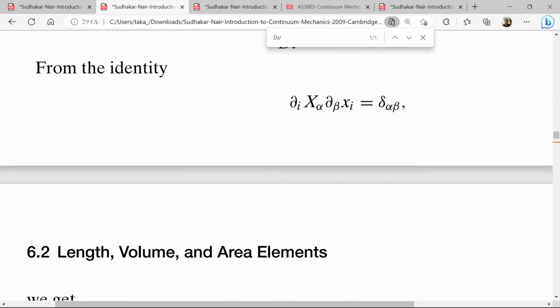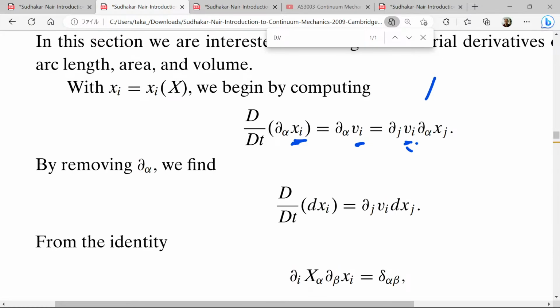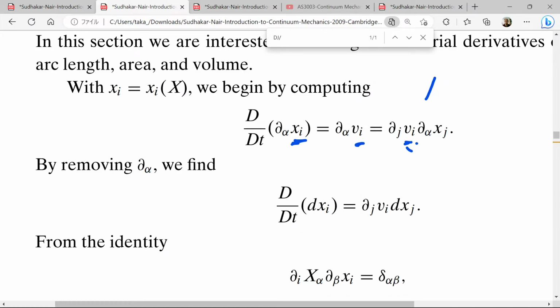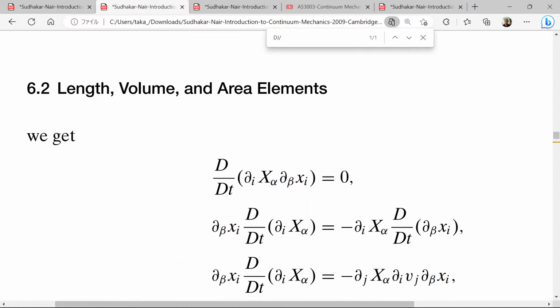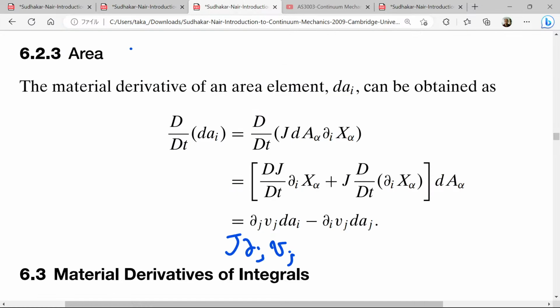Then we have this, alpha, i alpha, I_ij J_j alpha.